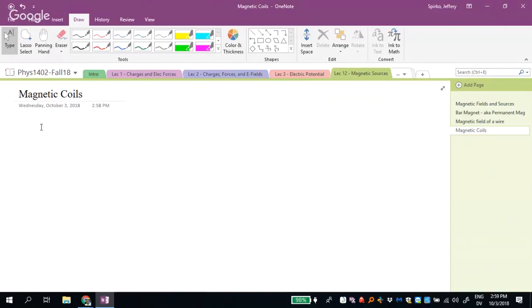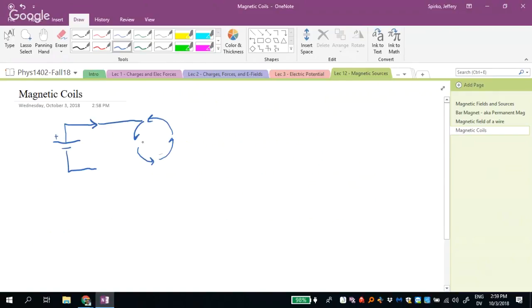So what we're going to do is we're going to have a current that comes out of a battery and then goes around and around and around and around, and eventually the wire's got to come back out again.